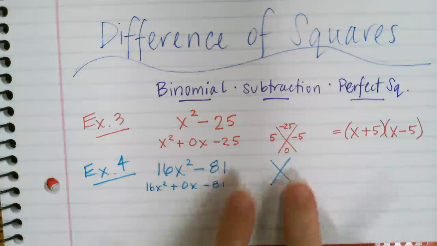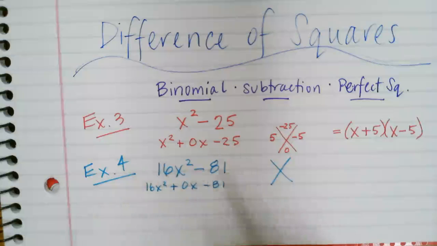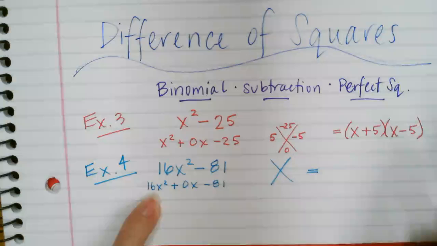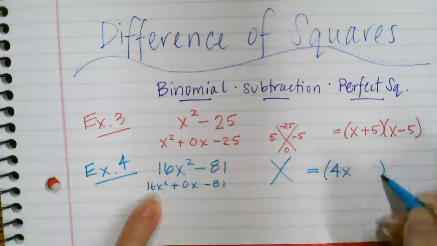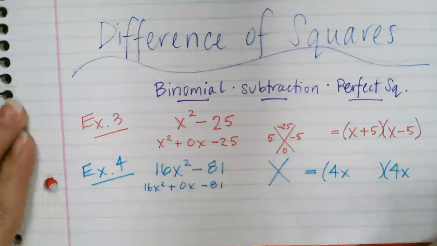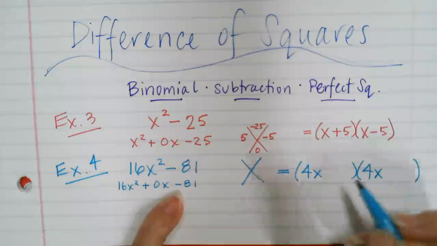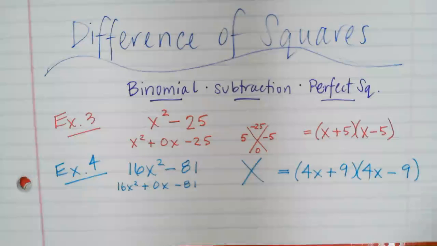So I know that my factors have to cancel out to be 0. So I know they're going to be the same. So what I know can happen with 16x squared is 4x and 4x. And then I can get 81 with 9 and 9, but to get a negative 81, I would have a positive 9 and a negative 9.